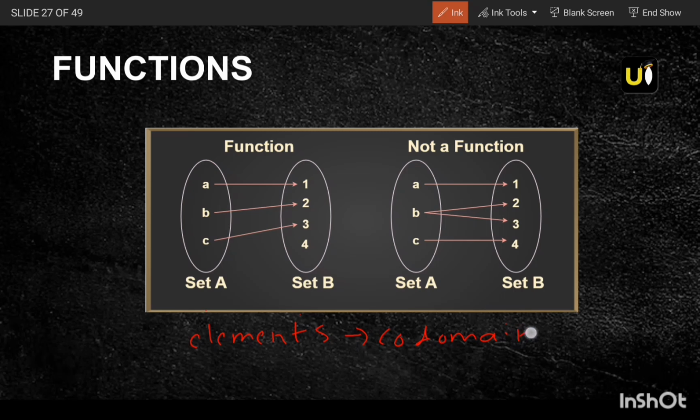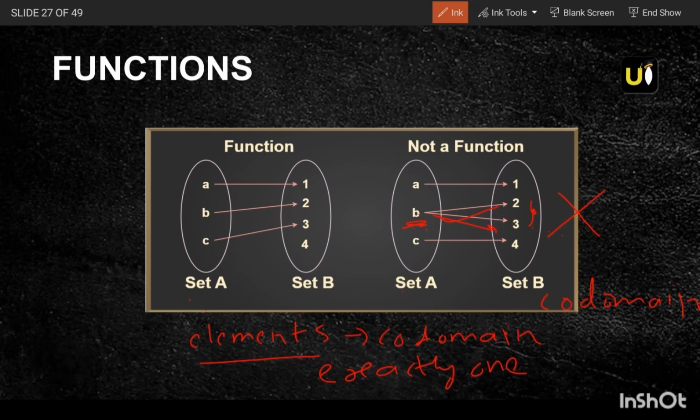Only one element, the element in the domain set, is mapped to exactly one element in the codomain set. So here we see an example. B is mapped to 2 as well as 3. This is not an example of a function because the element in the domain set is mapped to two elements in the codomain set.